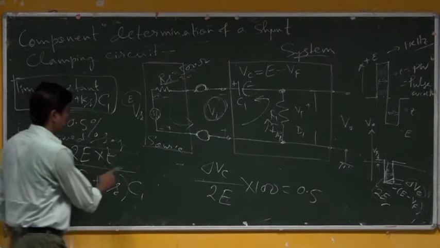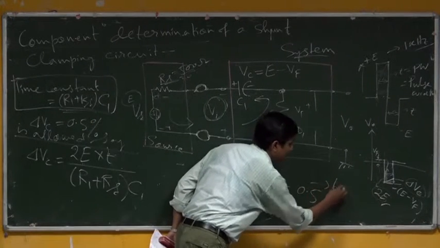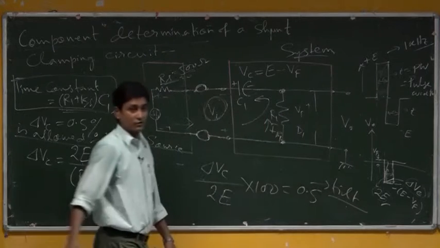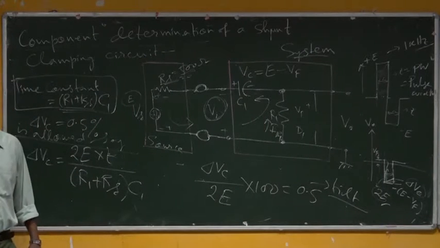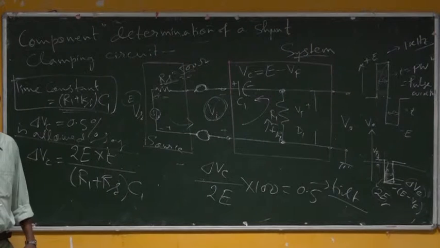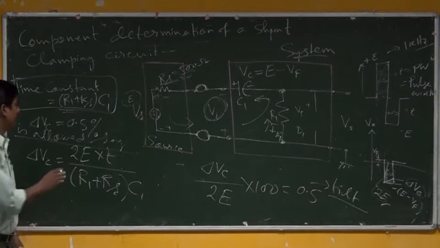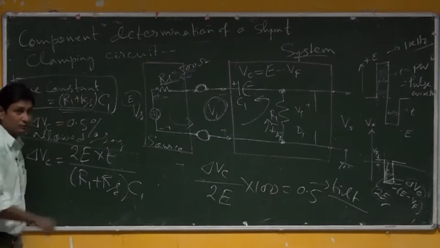So, this 0.5% tilting, if it is allowed for your circuitry, which is actually unavoidable in the circuit, then with that they ask you to find the R1 value.